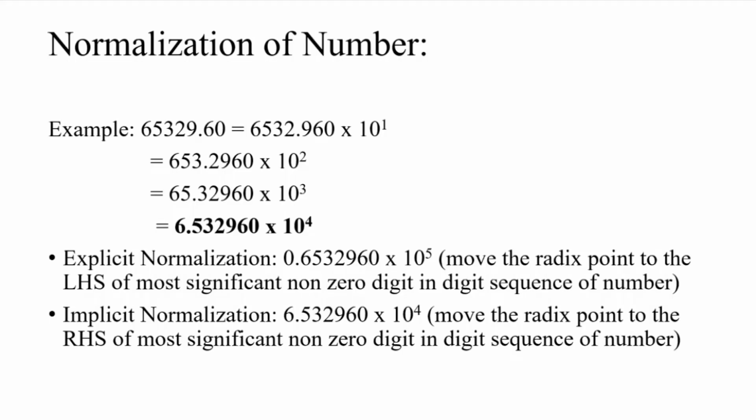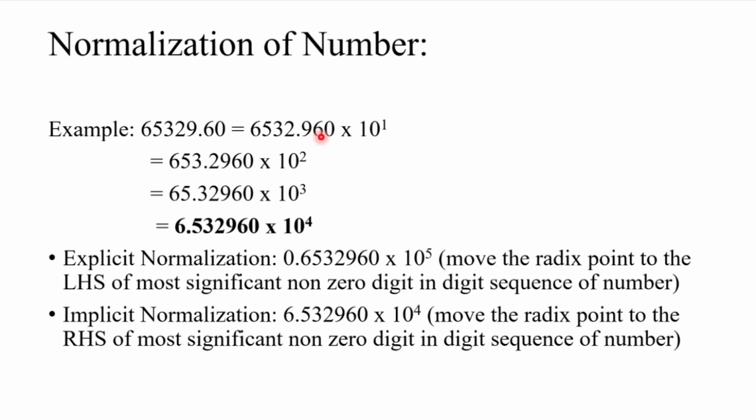Here we first discuss the meaning of normalization of a number. When a number is represented like this, there are many ways of representing it. This is a decimal number.